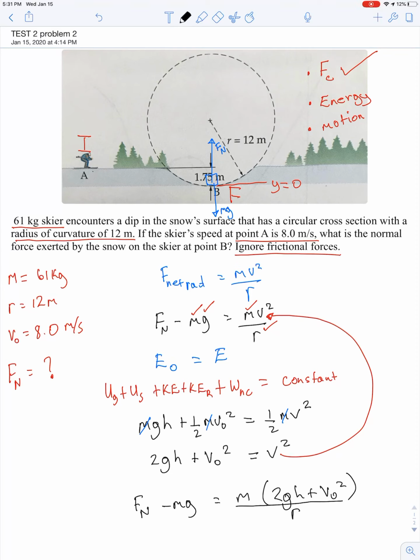See, I left my r out. Great. Now I can write Fn equals m times the quantity 2gh plus v0 squared over r, plus mg. I have m, I have g, I have h, I have v0, I have r. Therefore, all you need to do is solve for Fn. Plug the numbers in and solve.